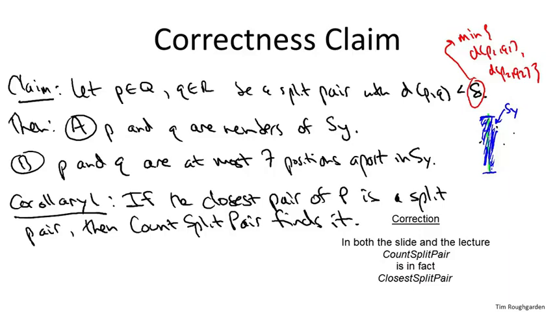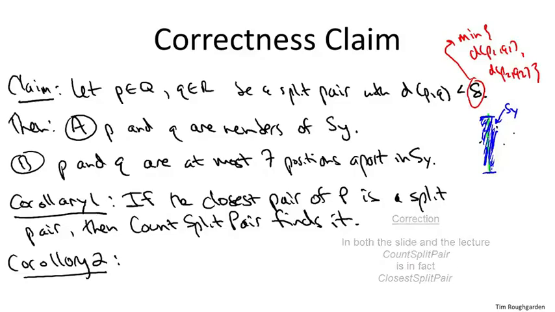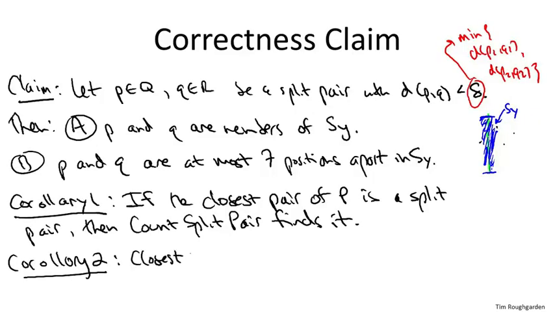So if you have an interesting split pair of points, meaning it has distance less than delta, then they will in fact be at most 7 positions apart. Therefore, count split pair will examine all such split pairs, all split pairs with distance less than delta, and just by construction it will compute the closest pair of all of them. So again, in the unlucky case where the best pair of points is a split pair, this claim guarantees that count split pair will compute the closest pair of points.